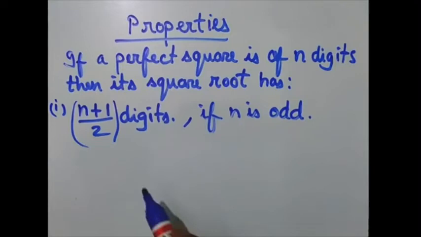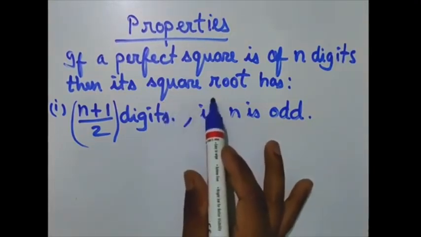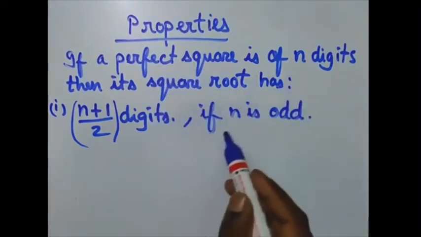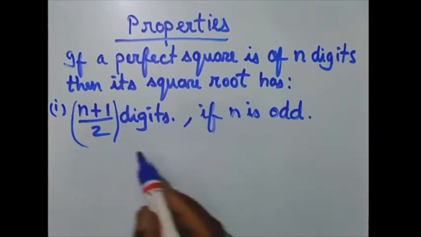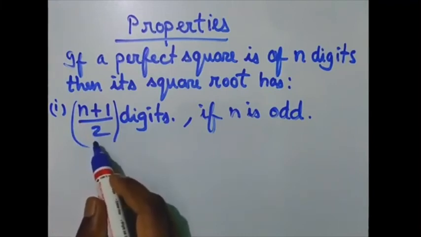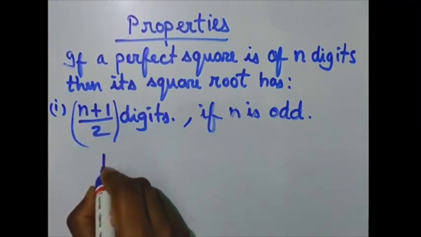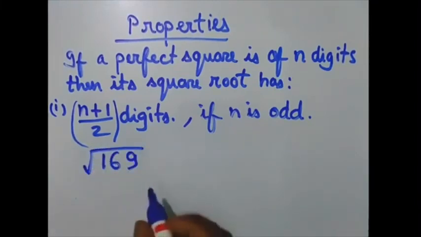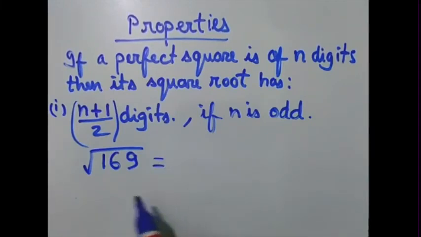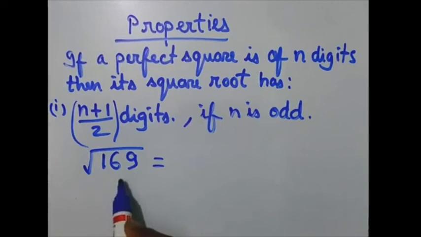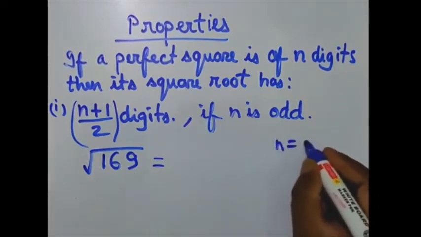Now, what will be the number of digits of the resulting square root number if the perfect square number has n digits, which is odd? Then the square root number will have n plus 1 by 2 digits. Let's say the number is 169. So we have to find the square root of this number. Let's count the number of digits of this perfect square number. 1, 2, 3. 3 means it is odd. So here n is odd, right?